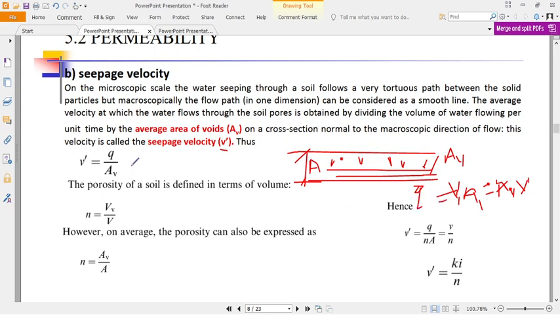Which is equal to Q. Now if you cancel, V' is equal to Q over Av.